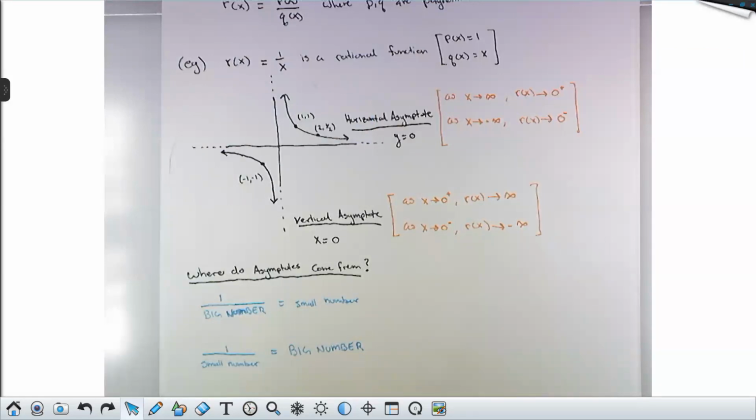So after we're comfy with 1 over x itself, the next step is to look at some transformations of 1 over x. This is something that you've done before, back when we talked about transformations, but I just want to get a little bit more practice specifically with these.